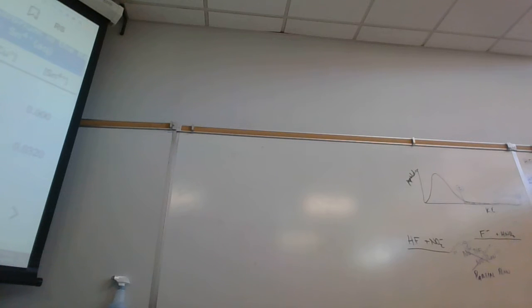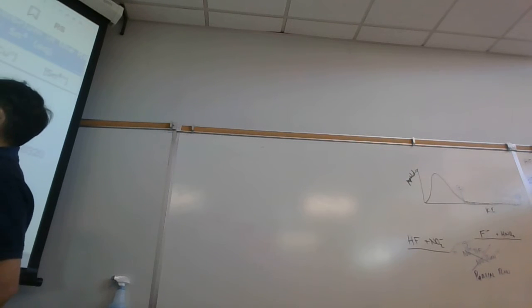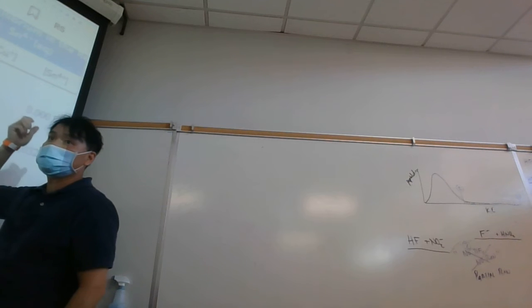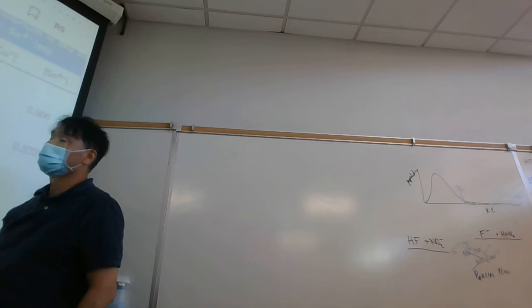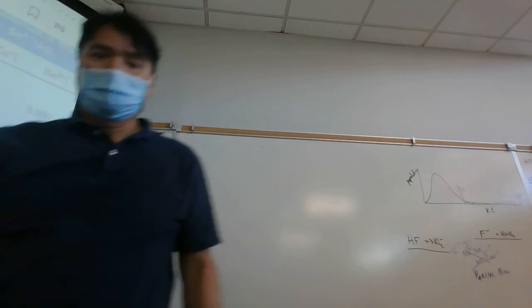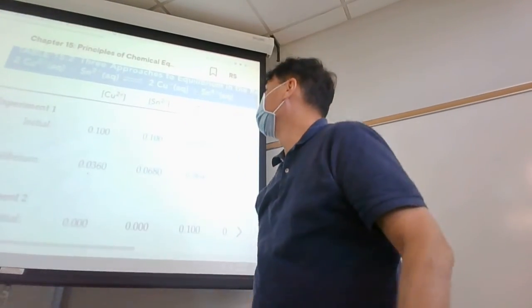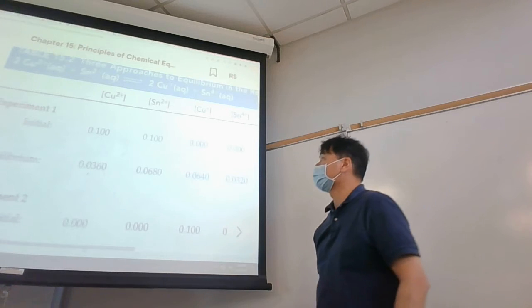All right, let's take a look at this reaction here. The 2 copper 2s in the blue, tin 2. This is a redox reaction. So we have copper 2 going to copper 1 and tin 2 going to tin 4. So there are electrons being lost and electrons being gained in this particular reaction.